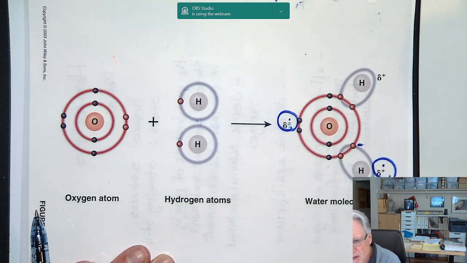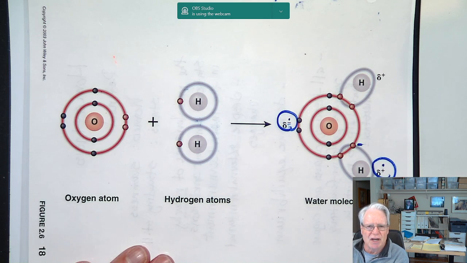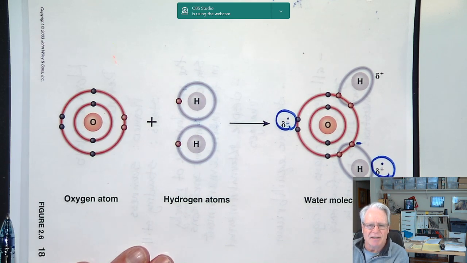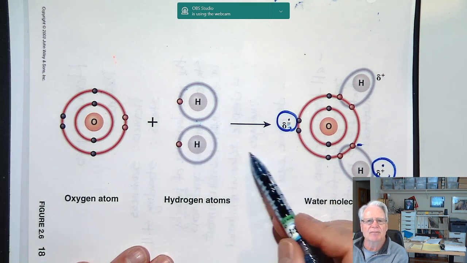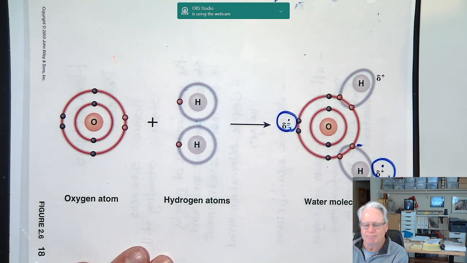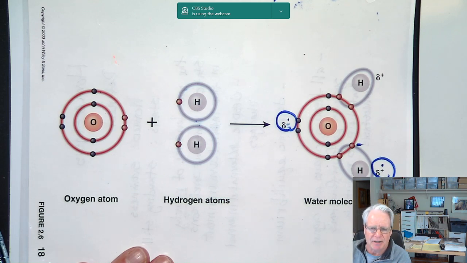But the sharing of these electrons is not equal. The oxygen molecule grabs onto these electrons more tightly than the hydrogen atoms. So what happens is you set up polarity. This is called a polar molecule.